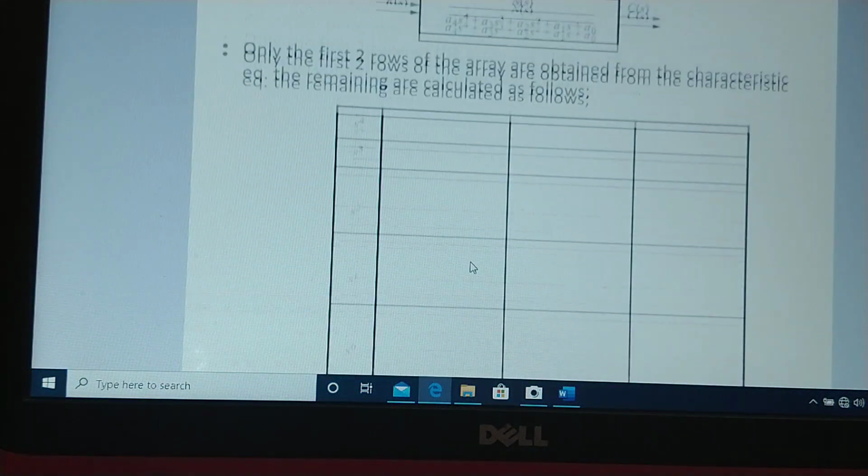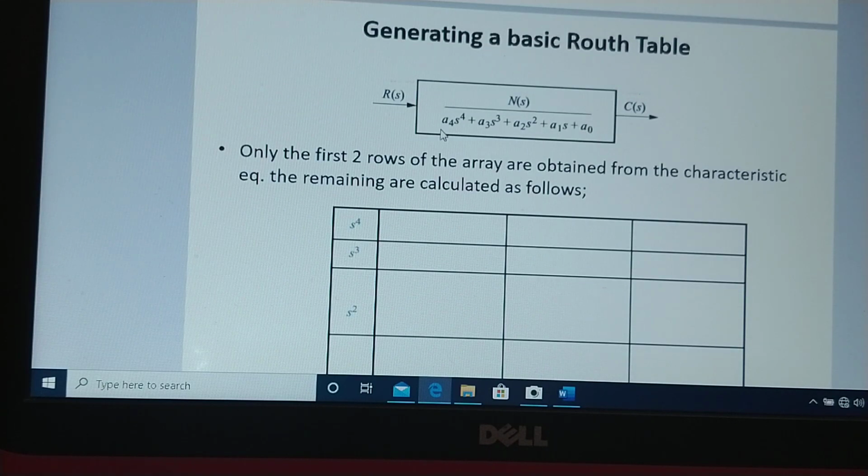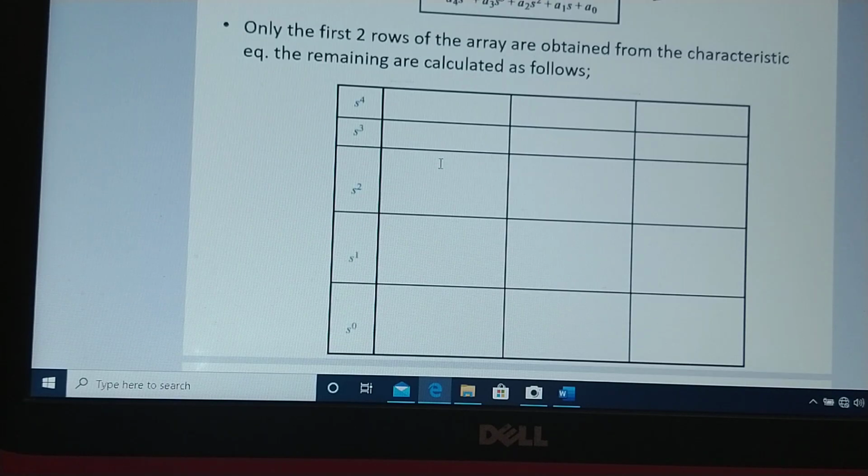Okay. Now, to generate a basic Routh table, we take R(s) as input, C(s) as output, and the transfer function as shown. We see here it is a fourth order characteristic equation. The characteristic equation is the denominator of a transfer function, as we have already seen.